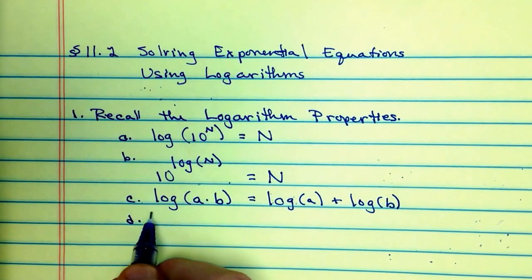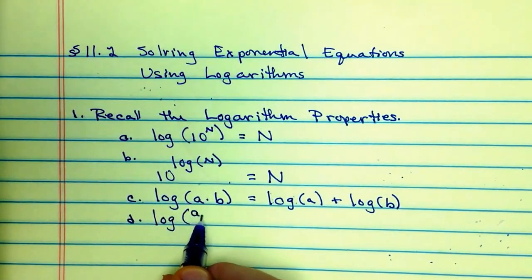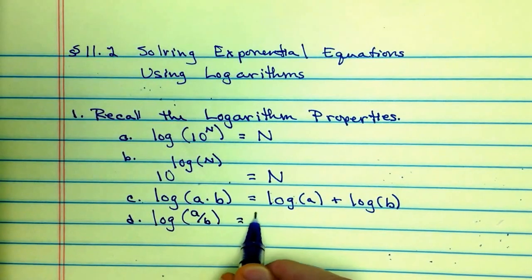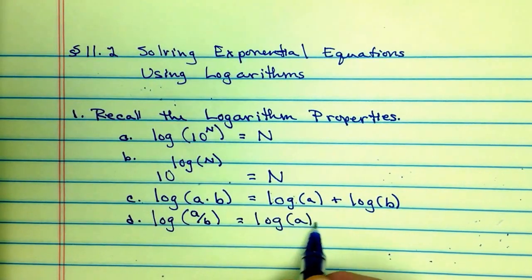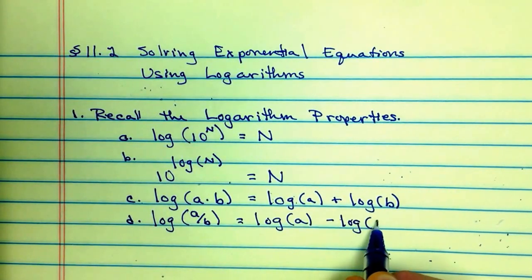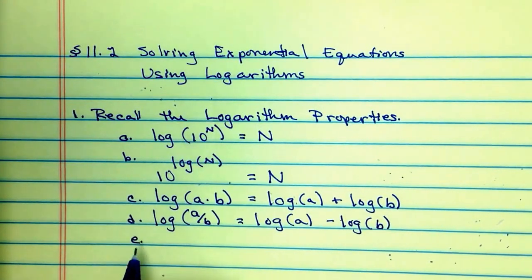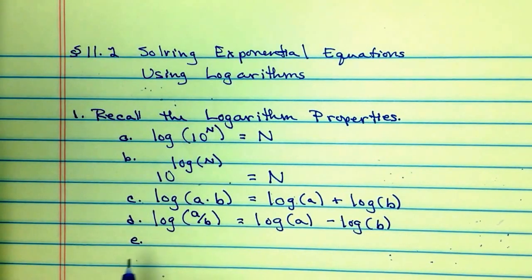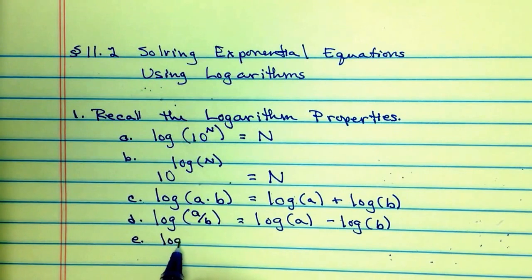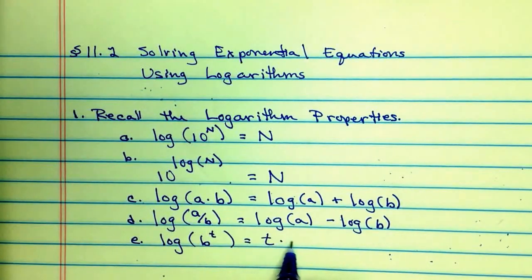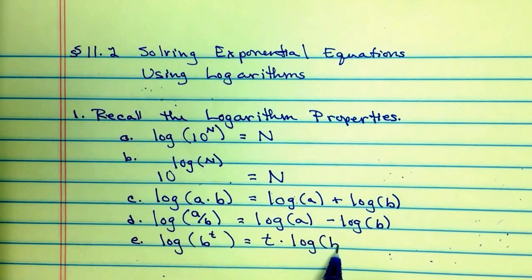Then we said log of a divided by b is equal to log of a minus the log of b. Little e, we said the log of b to the t is equal to t times log of b.